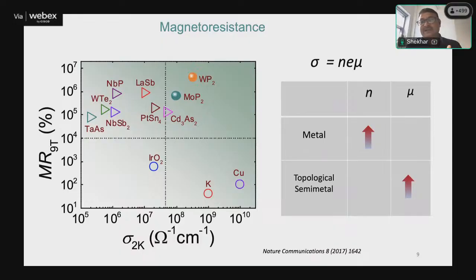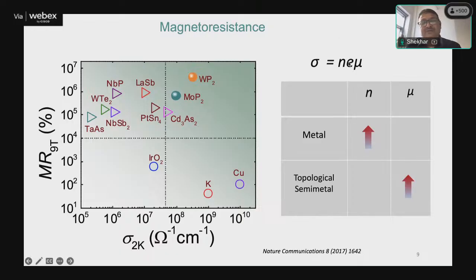So when you see the relation between how this magnetoresistance relates with the charge carrier and mobility. Mobility is sort of how fast an electron is moving inside the material after applying a magnetic field.